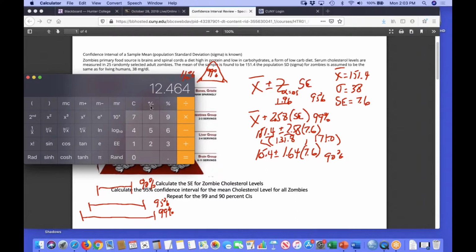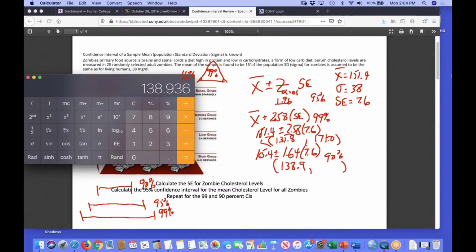I'm going to put that into memory. 151.4, oops, slight mistake, 151.4 minus our margin of error for 90% is 138.9. Notice it's much narrower.